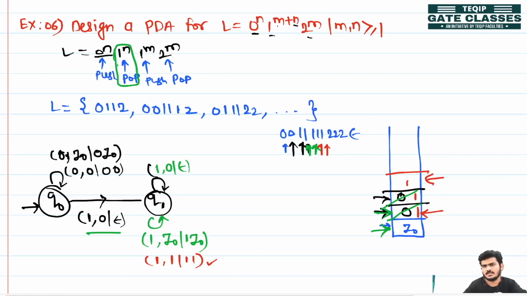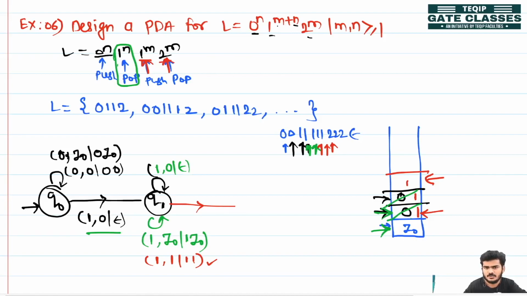Now once the 1s are over and 2 starts occurring, what will we do? We will start popping, because we have to compare these 1s and these 2s. Whenever we need a comparison, we have already pushed the ones. Now we need to check whether the 2s are equal to the pushed ones or not.